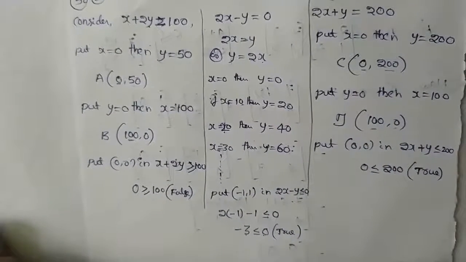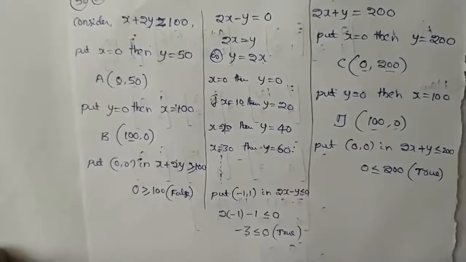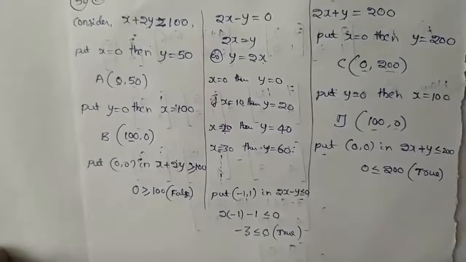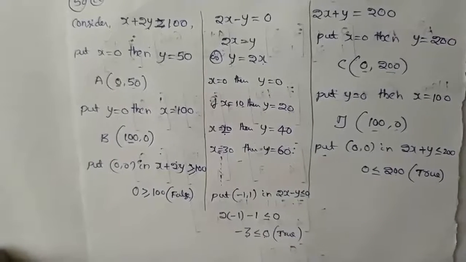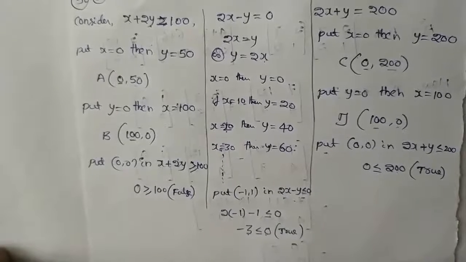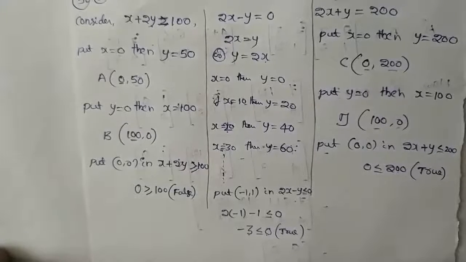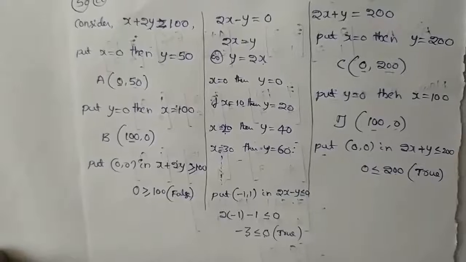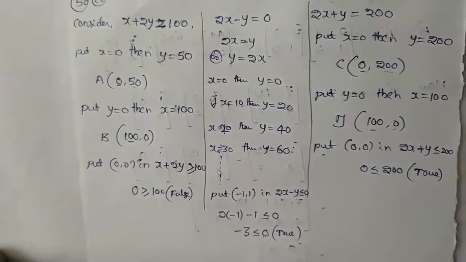You can take the graph like this: on the x-axis take 10 differences, 10, 20, 30, 40, 50, 60, 70, 80, 90 and 100. On the y-axis, if it is not possible to take 10 differences, you can take 20, 40, 60, like that, 20 differences.